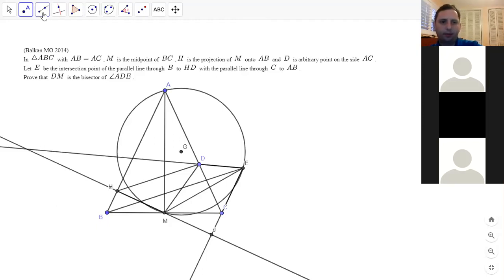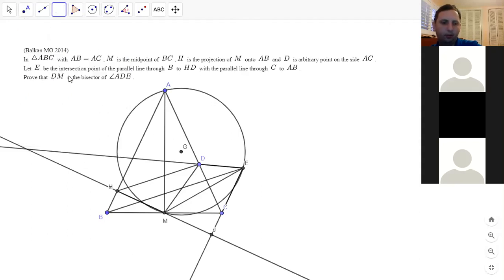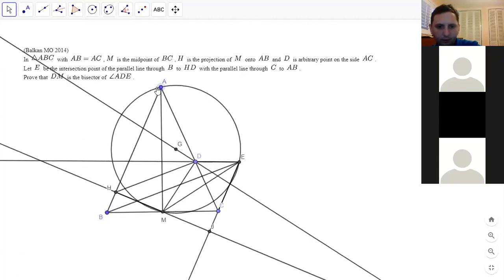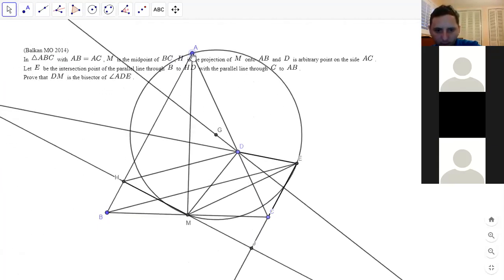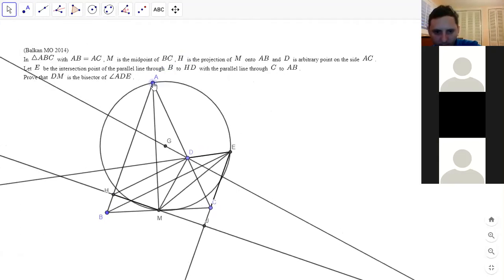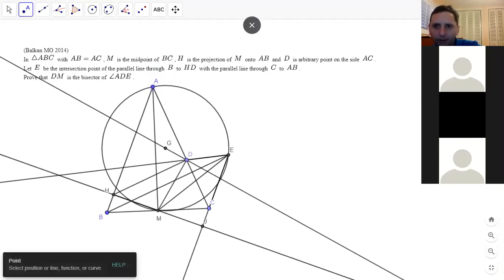And I wonder if it would help to draw the incenter of CDE. So let's see. Do these three concur? It's hard to tell. I don't think they do. No, I don't think those all concur.